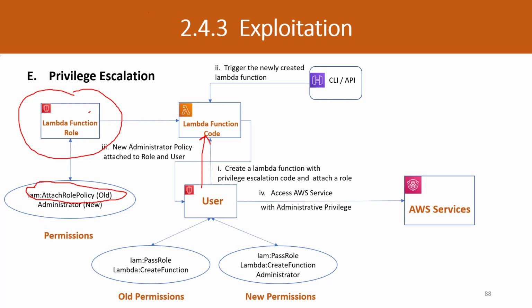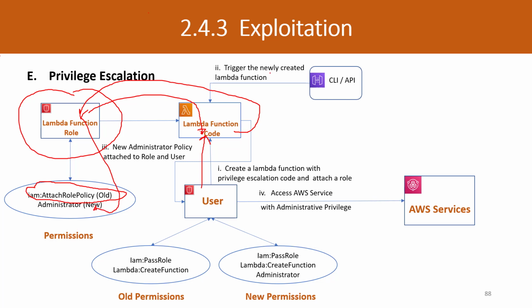We attach this role to this function. That means this function also has the right to attach policies. In the code, we first attach the administrator policy to this role itself. So now this role also has this new administrator policy.